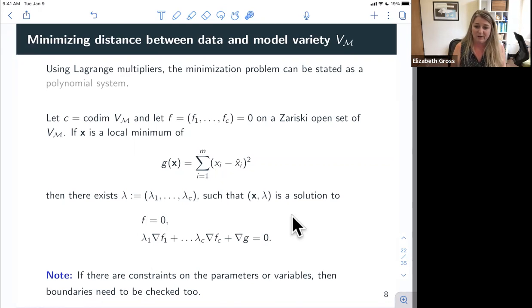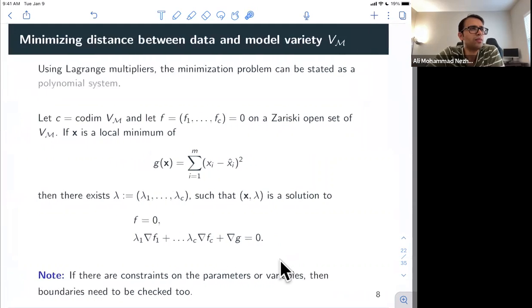For us, when we look at the Gaussian graphical model case, we're going to have a single polynomial here, which is going to make it a little bit easier for us. But that's what our polynomial system looks like. In general, if you want to get an idea of how hard these are to solve with polynomial homotopy continuation, a way to get a rough degree is to multiply the degrees of each of the equations that you get, and that can give you an idea of how complex the problem will be.